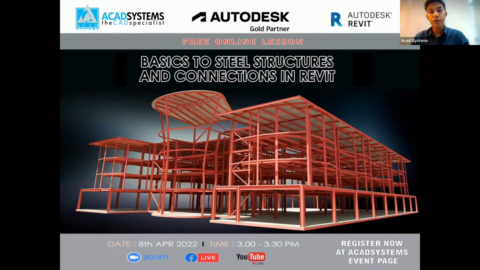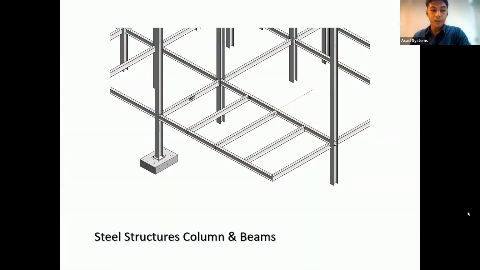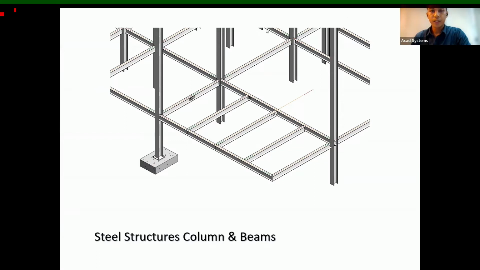Before we get into the demonstration, let's look at an overview of what we'll be creating today. The first thing for steel structures, I will be demonstrating how to construct these columns and then have all the structural framings, which is beams basically.